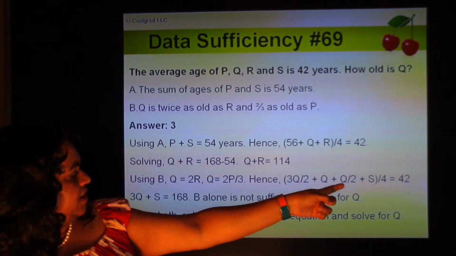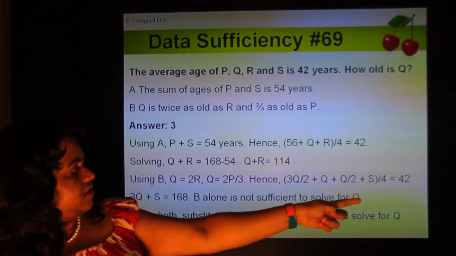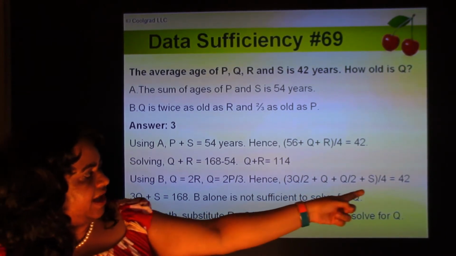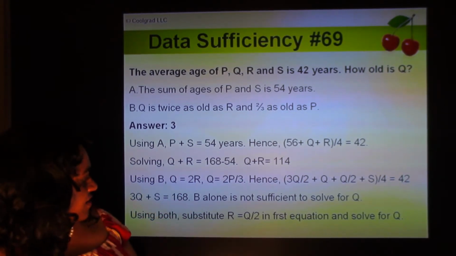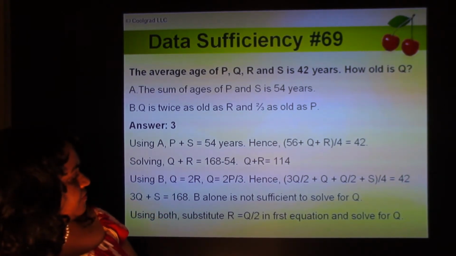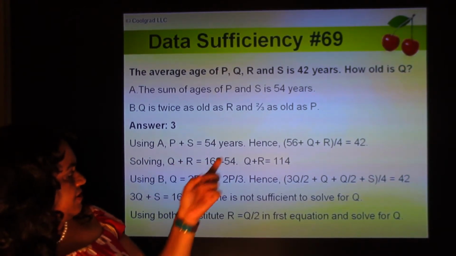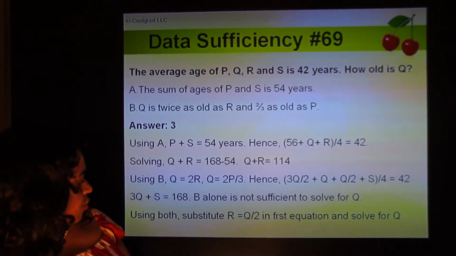Q is Q and R is Q by 2, plus S. So we get the relationship, take the average divided by 4 is 42. So 3Q plus S is 168. So B alone is not sufficient to solve for Q.